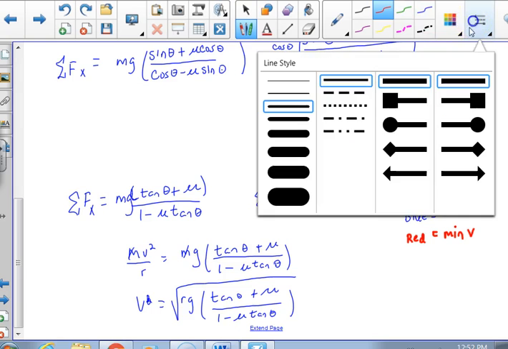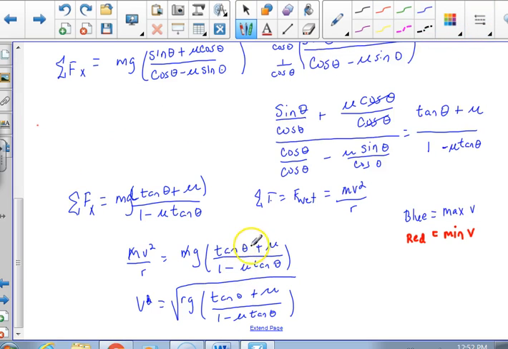If we go back through all of this, what we'll find is that when we get down to this point, and I actually should have done it here, we get a plus or minus situation.